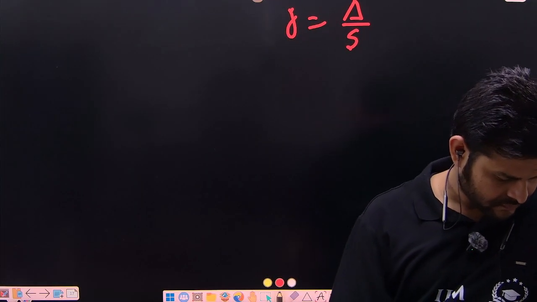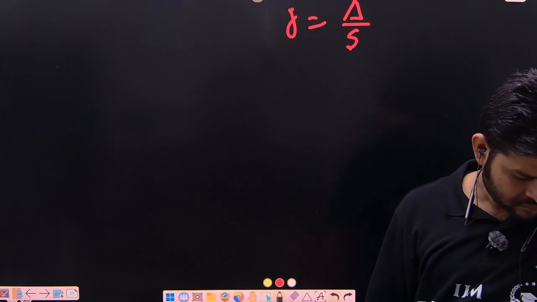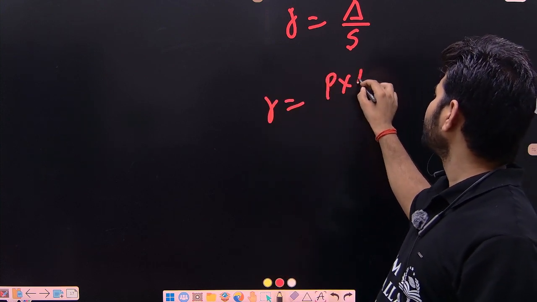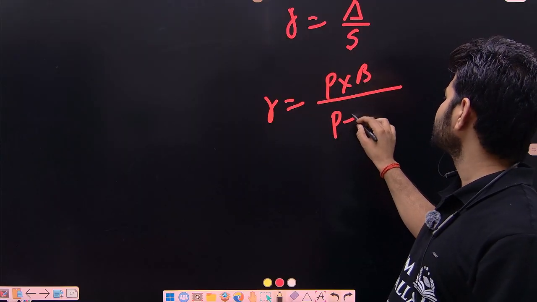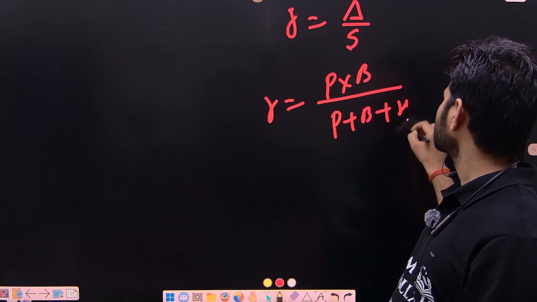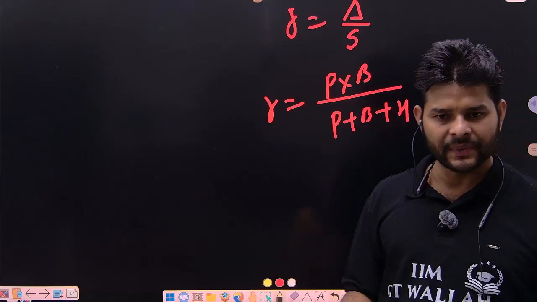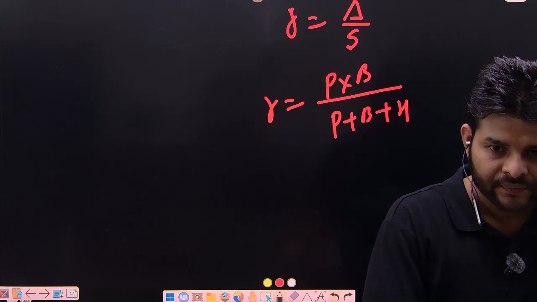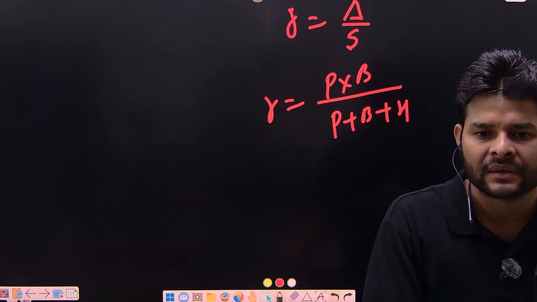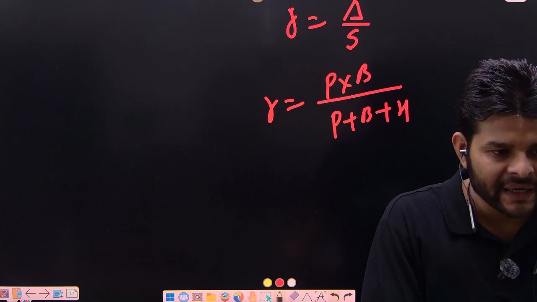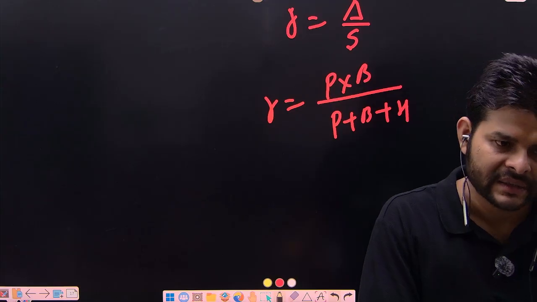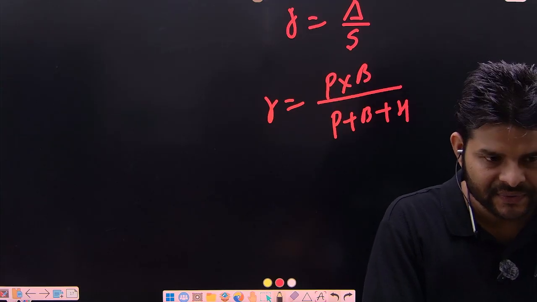So R would be P into B upon P plus B plus H. H means hypotenuse, P is perpendicular, B is base. If it is a right angle triangle and we know all three sides, we can directly apply this formula.